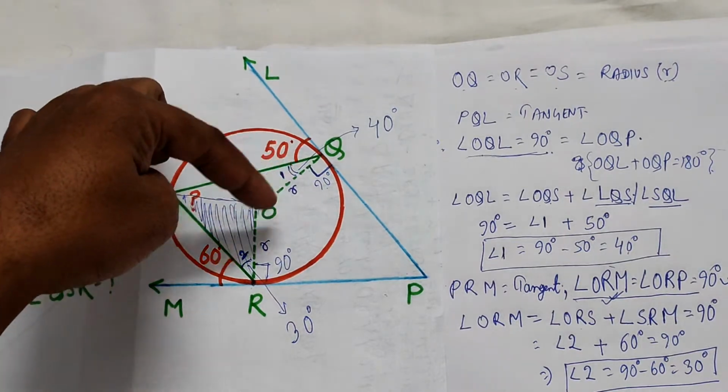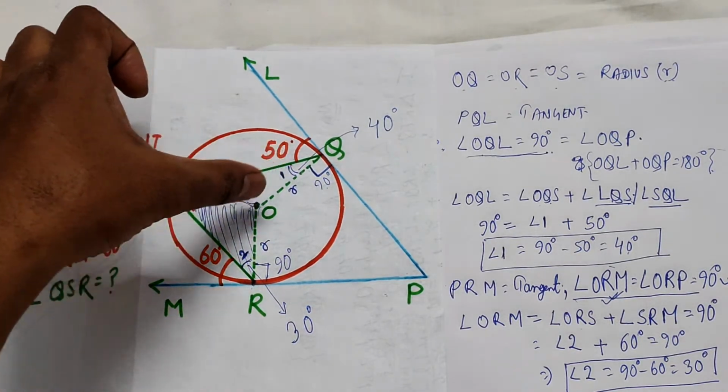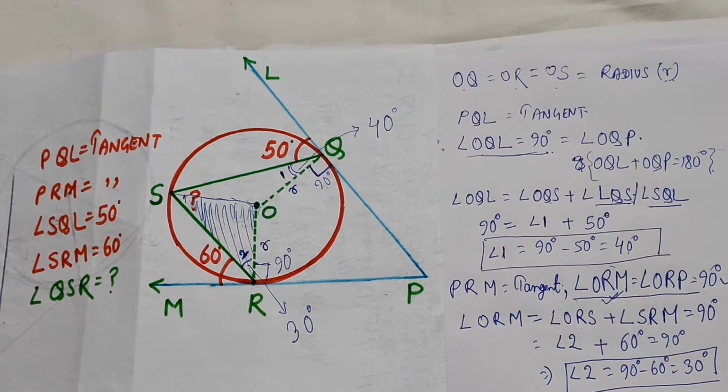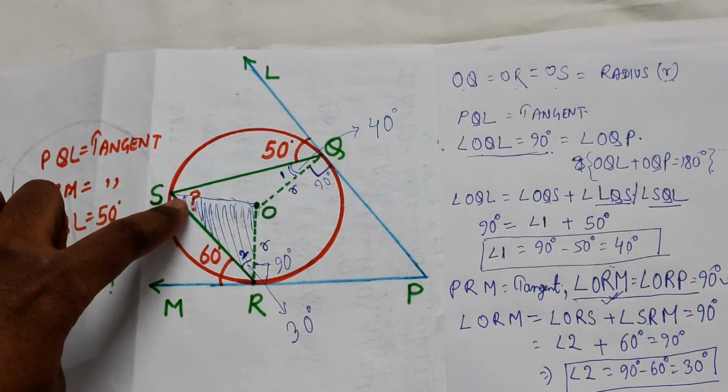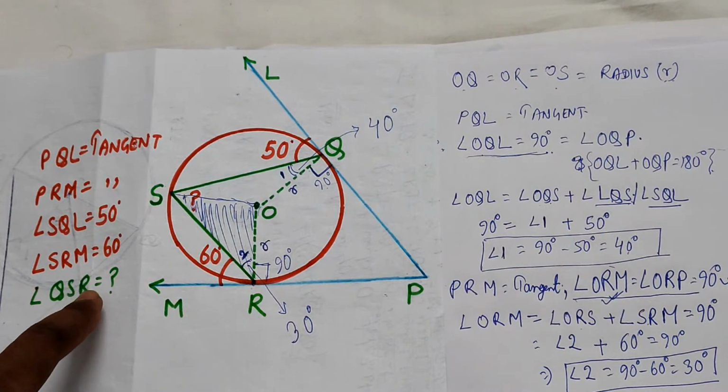So these two angles are known to us, angle 1 and angle 2. Now we need to calculate angle QSR.